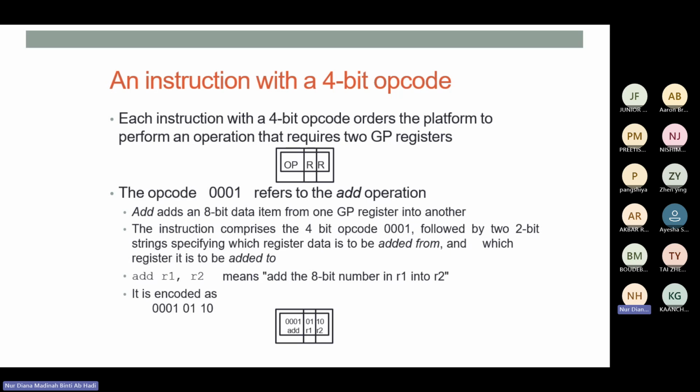So add R1 into R2 means that you add your 8-bit number in R1 into your R2. For example, it will be encoded like this: 0001 means add, 01 is your R1 value, 10 would be your R2 value.